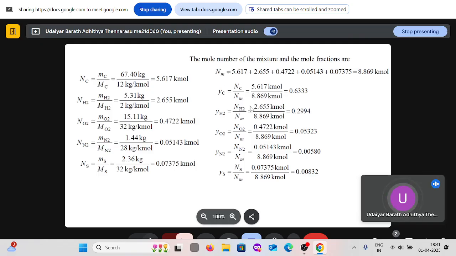Next we find out the mole fraction for each of the components. C is mole of carbon divided by total mole, you get 0.633. Then hydrogen is 0.2944, oxygen is 0.05323, nitrogen is 0.00580, and sulfur is 0.00832. So these are the mole fractions for each component.